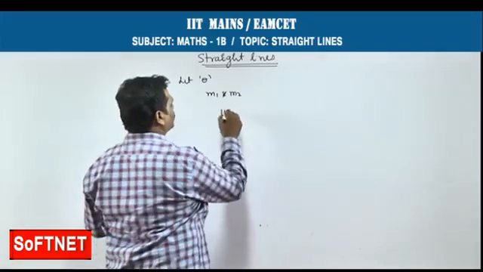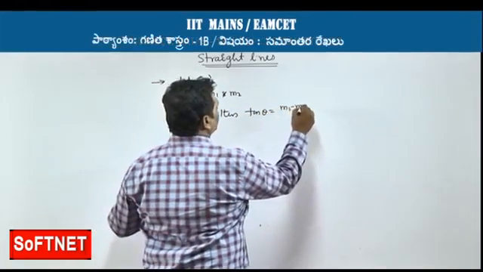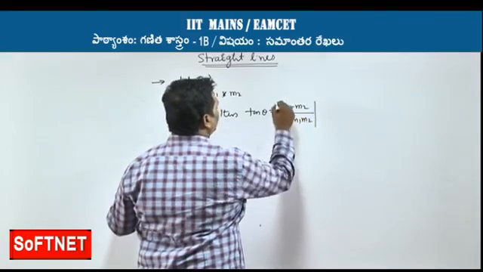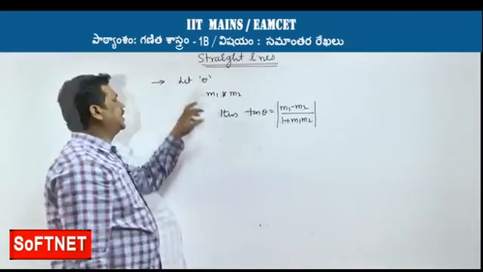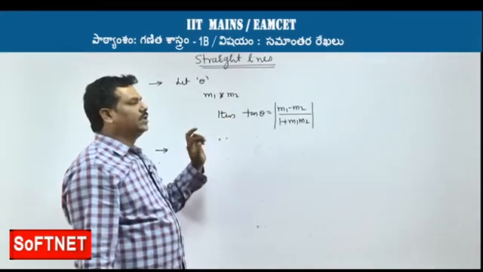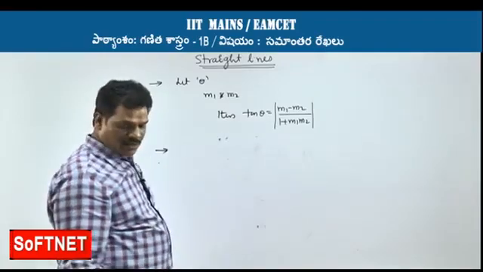Then tan theta equals mod of m1 minus m2 by 1 plus m1 m2.